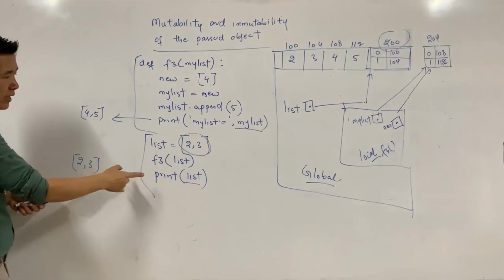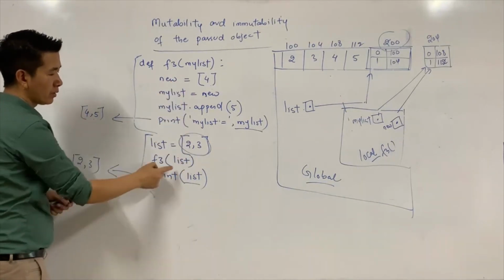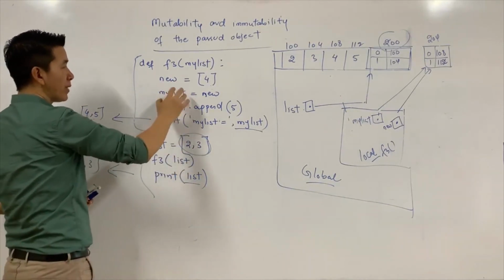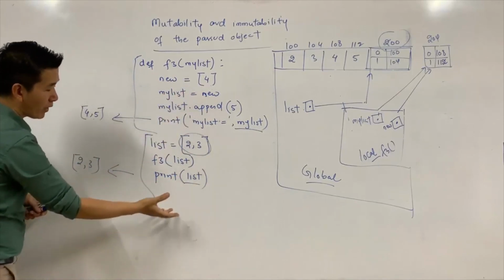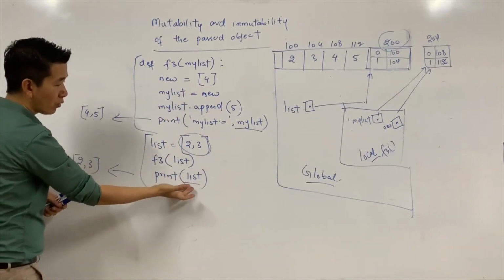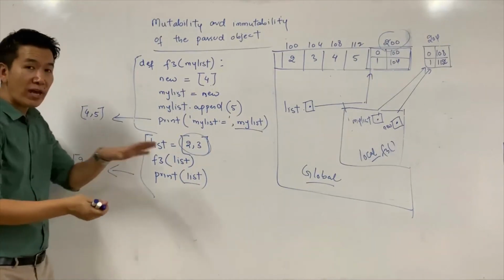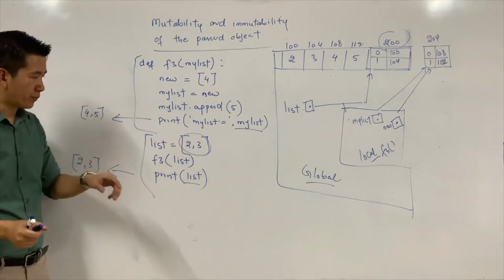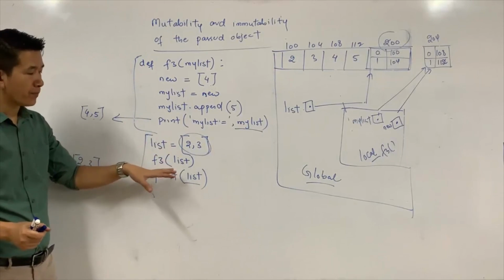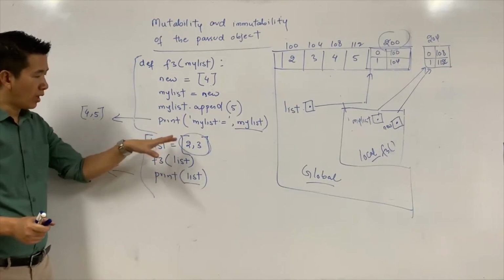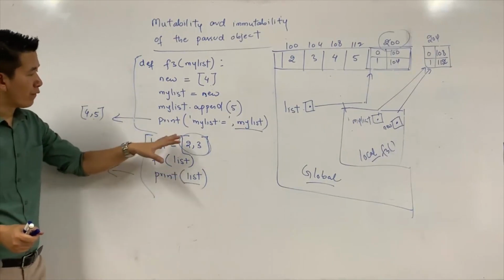So you saw here, right? I sent 2, 3 up there. This is supposed to be list. I made some changes, and then when I came back, when I checked the original value of list, it wasn't changed, right?